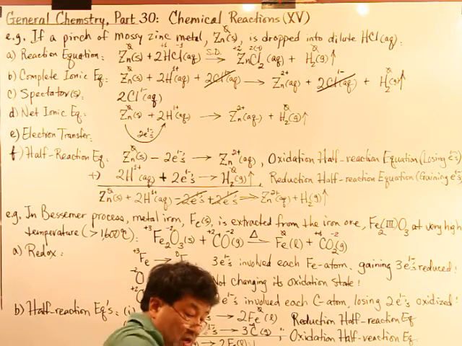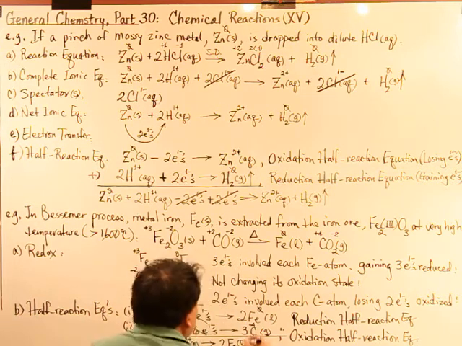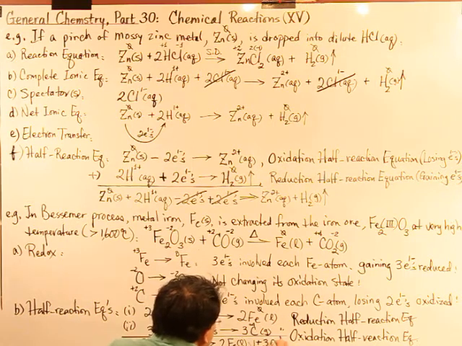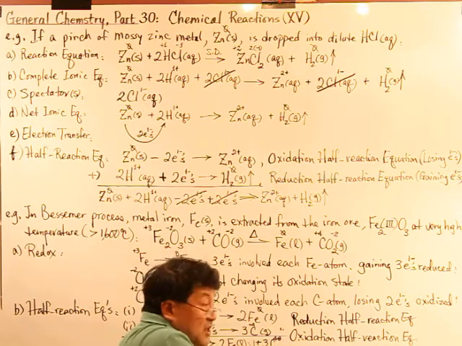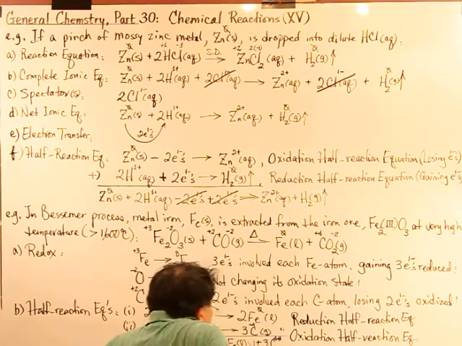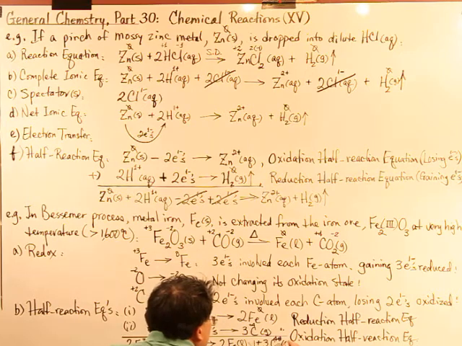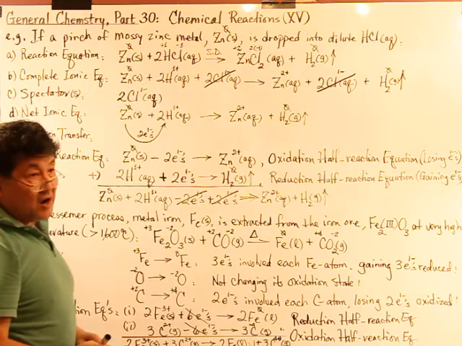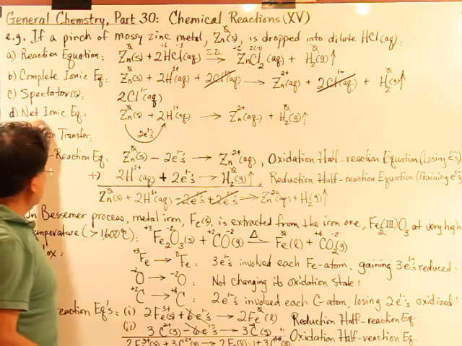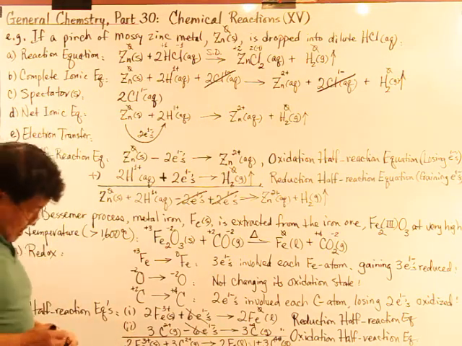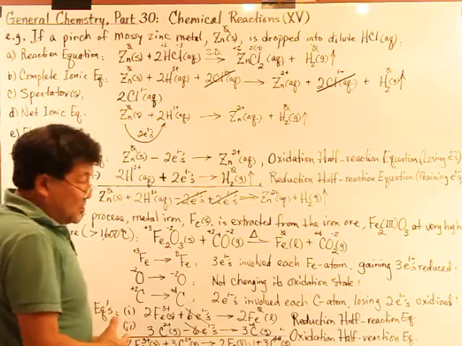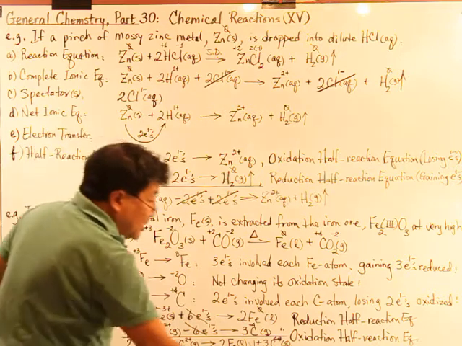We're making steel, right? And then you add 3 carbon in the 4 plus, in carbon dioxide, and the physical state is going to be the gas. Now that is the full net ion equation for this process we call the Bessemer steelmaking process.